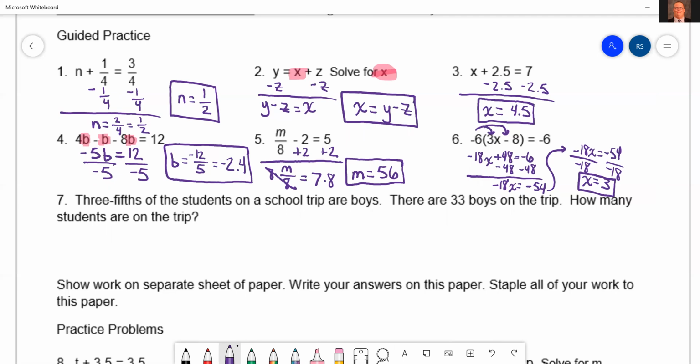It says 3/5 of the students on a school trip are boys. So if students, I'm not going to use S because my S almost looks like a 5.